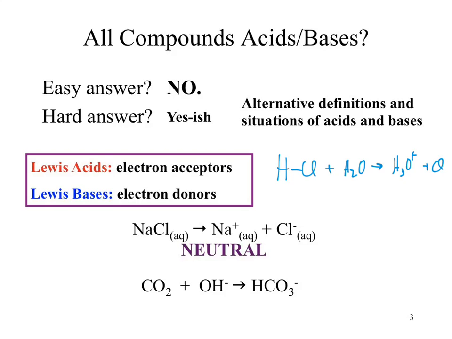It's H plus. So to stabilize it, what does it need? Electrons. Where are the electrons? On the oxygen. The oxygen can share electrons with that hydrogen. That hydrogen has now become an electron acceptor. So what we have is now a Lewis acid.